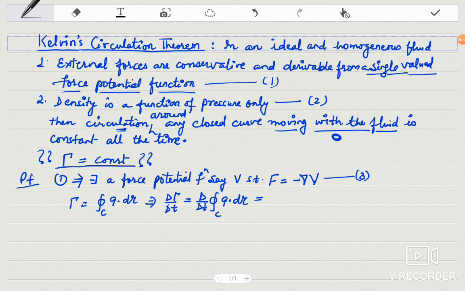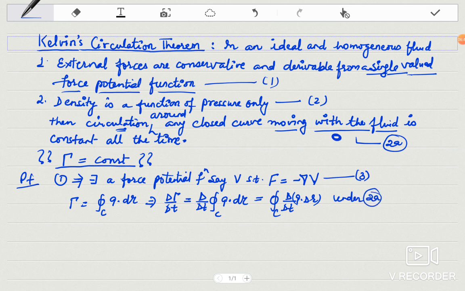It simply means that the operator d dt, indicating the variations, may be interchanged with the integral. There will be no effect on the integral with respect to C, because C is composed of the same fluid elements. So I can enter d dt inside: integral over C of d dt of q dot dr. This is under condition 2a.